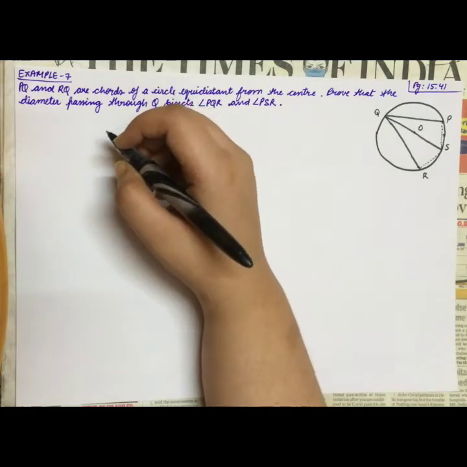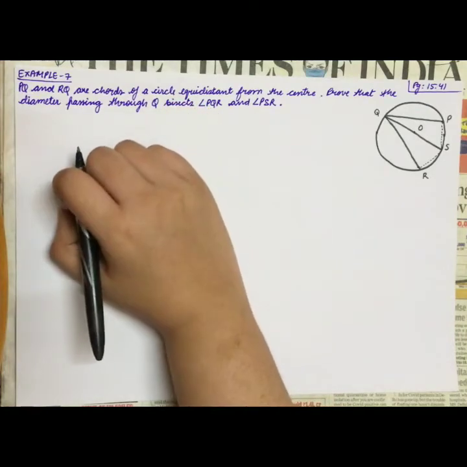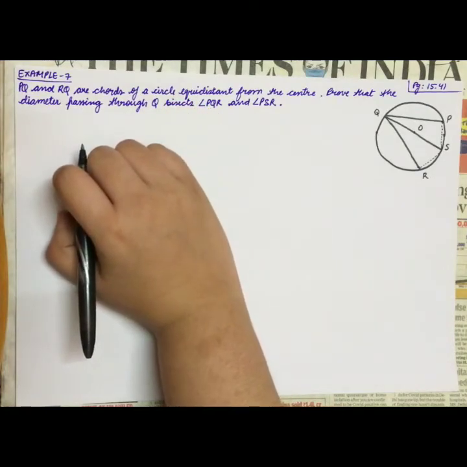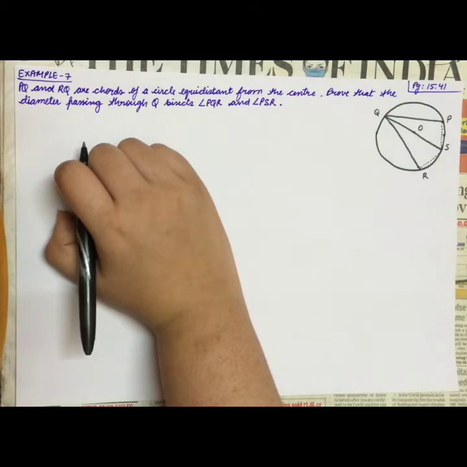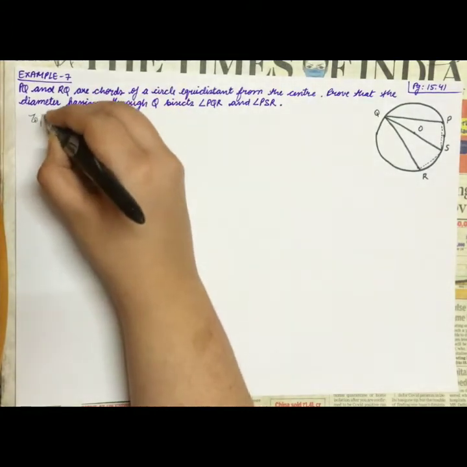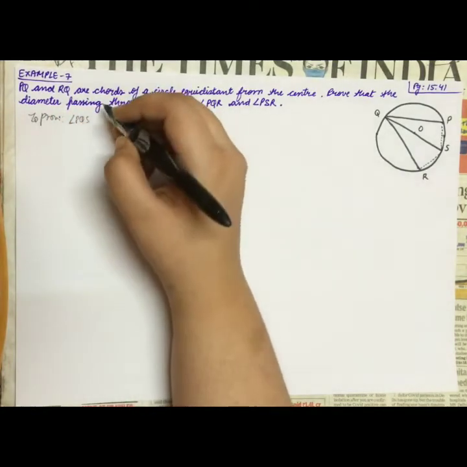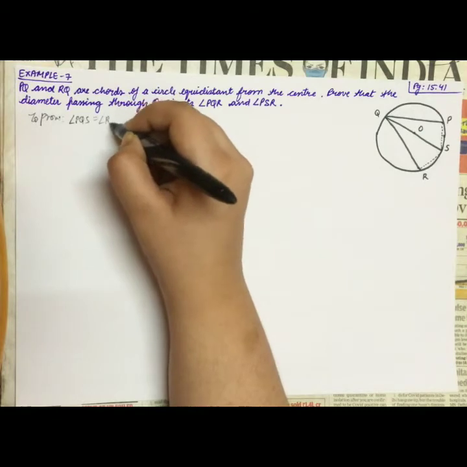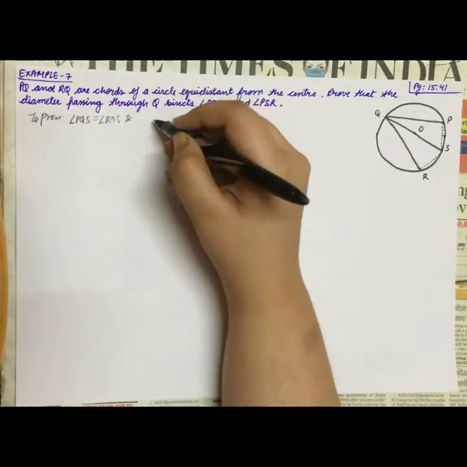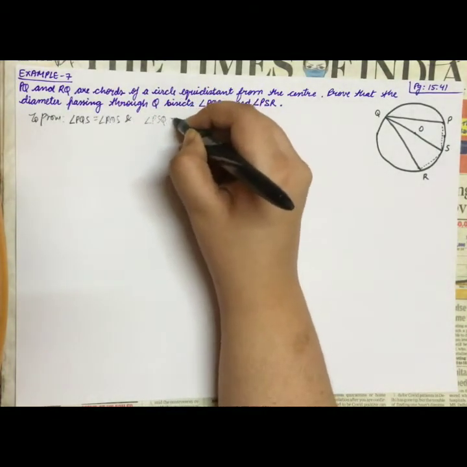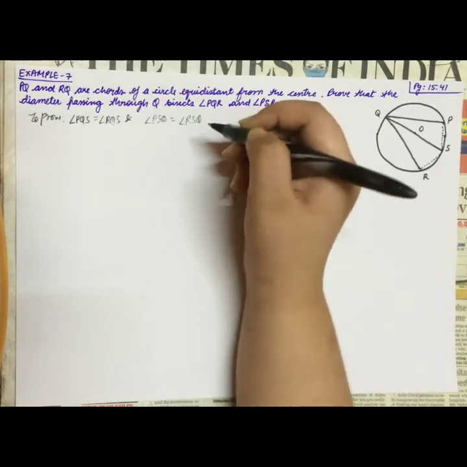Example number 7. PQ and RQ are chords of a circle equidistant from the center. Prove that the diameter passing through Q bisects angle PQR and angle PSR. So in this we have to prove that angle PQS is equal to angle RQS and angle PSQ is equal to angle RSQ.